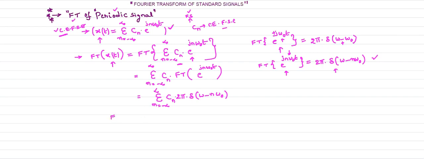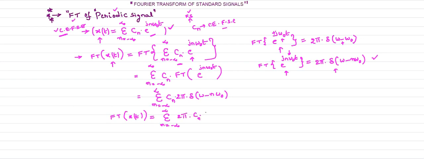Now, what is the Fourier transform of the periodic signal x of t? Already you know this x of t is a periodic signal. Using the Fourier series, we represent any periodic signal in terms of complex exponential functions. So this is the representation of your signal using the Fourier series, because we use the Fourier series only for periodic signals.